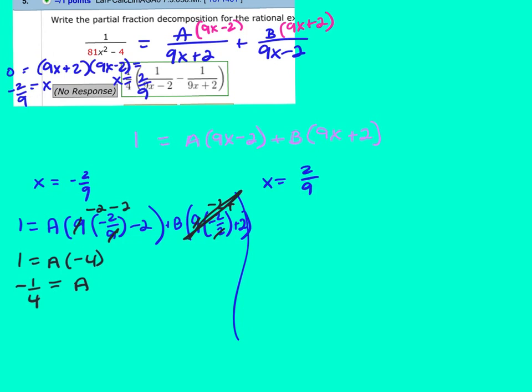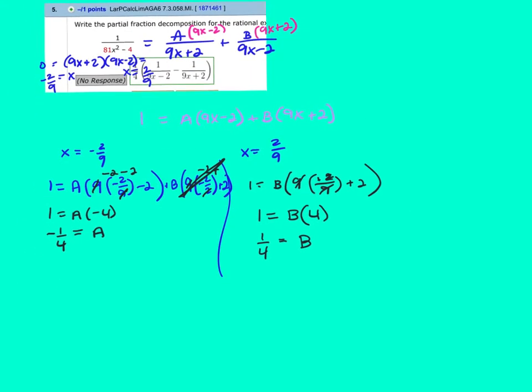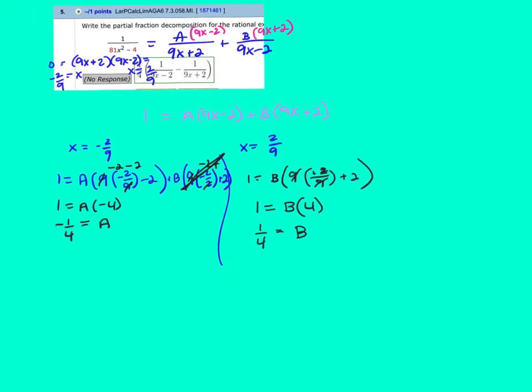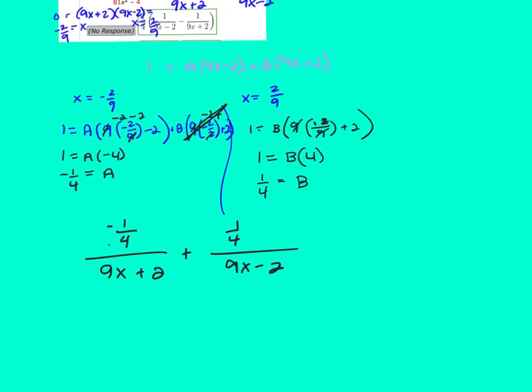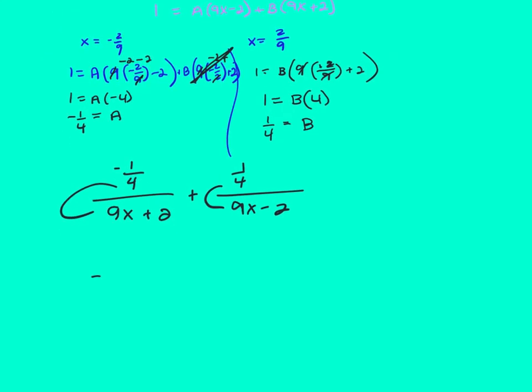And then the b, well, I know the a is going to cancel out, so I'm going to go straight to b. b, 9, positive 2/9 plus 2 cancels. 1 equals b times 4. And b is 1/4. So this goes over the plus, this goes over the minus, but you don't want to leave them in the numerator.